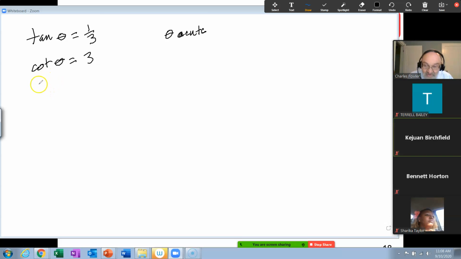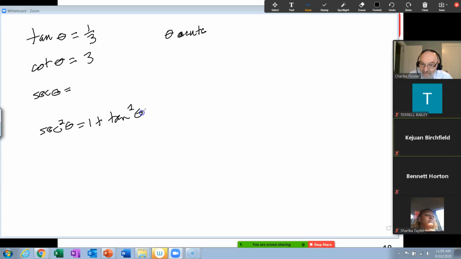The B part says secant of theta. Now, again, I know what they want you to do. They want you to use the Pythagorean identity. Now, remember, we did solve one like this, and we said secant squared theta is equal to 1 plus tangent squared theta.